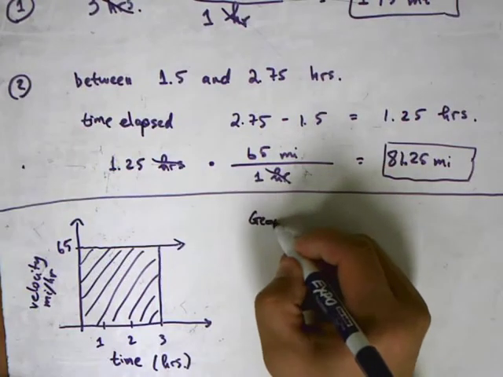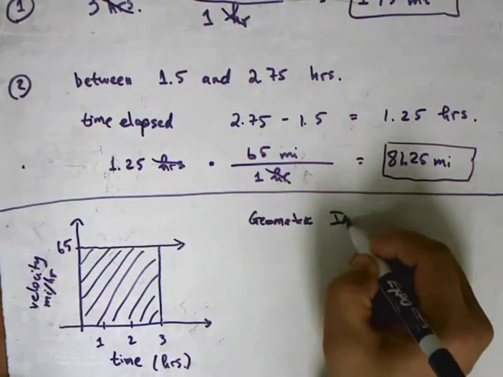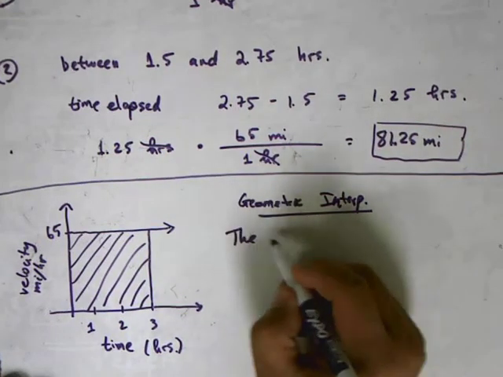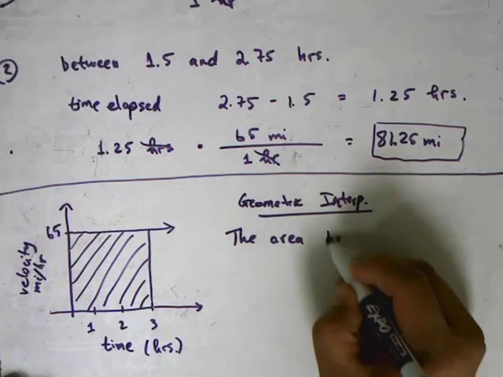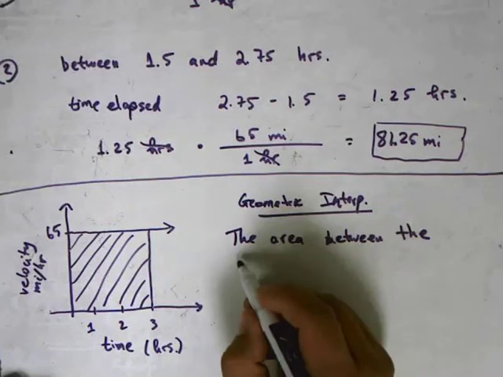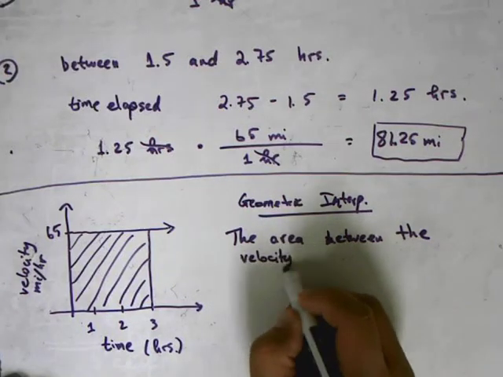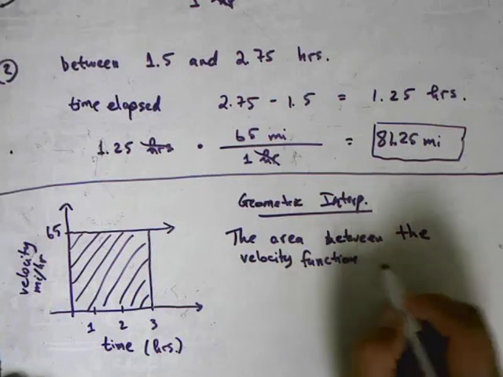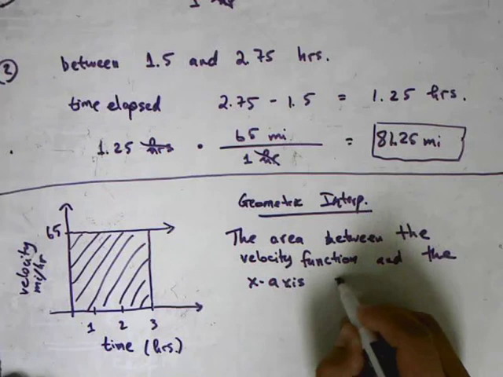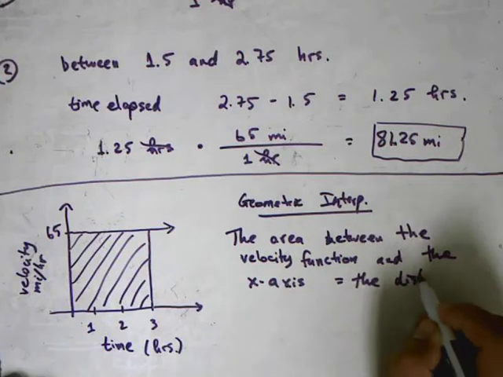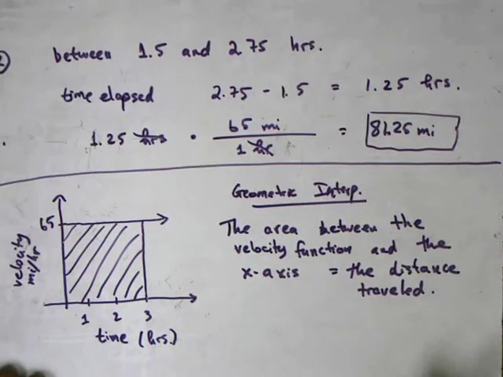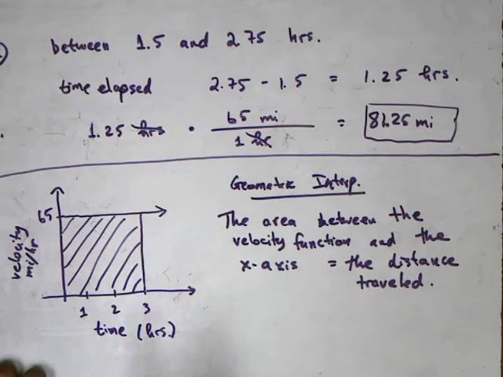The geometric interpretation here is that the area between the velocity function and the x-axis equals the distance traveled. The area between the velocity function and the x-axis is the distance traveled.